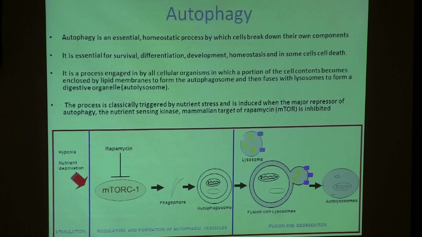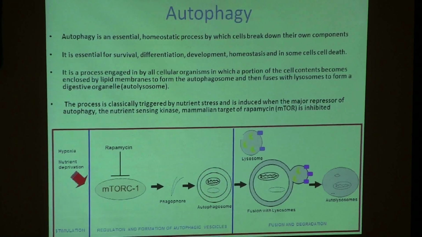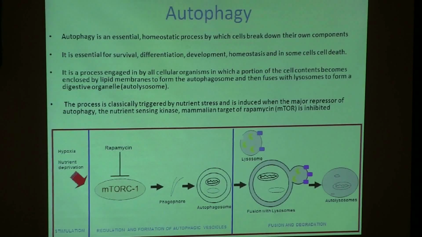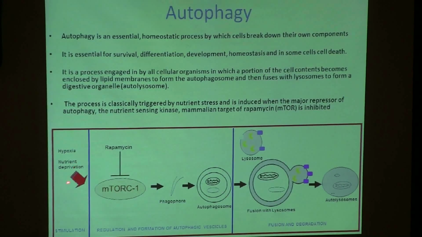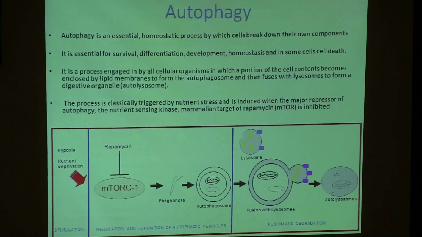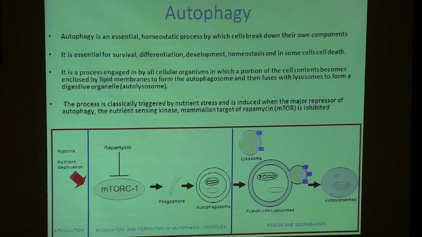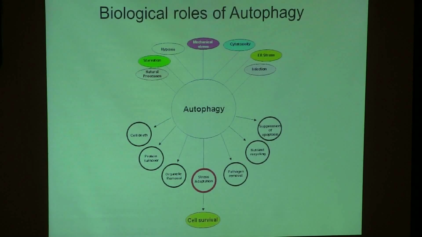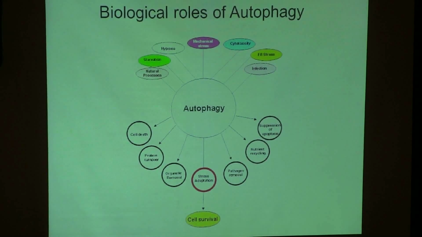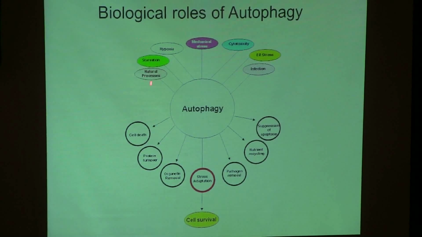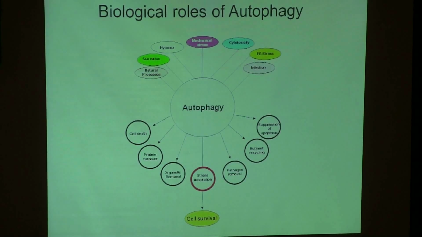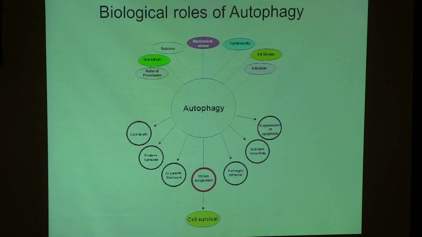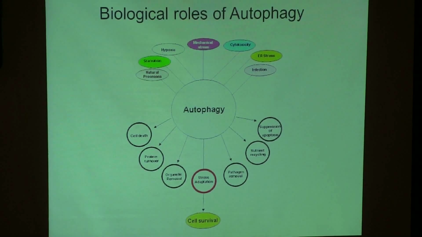Autophagy can be regulated by a wide variety of stimuli, the primary ones being hypoxia or nutrient deprivation, which is very critical in terms of articular cartilage. There are several biological roles of autophagy. It can be stimulated by a wide variety of stimuli, such as cytotoxicity and endoplasmic reticulum stress. However, mechanical stress is very critical in terms of osteoarthritis.